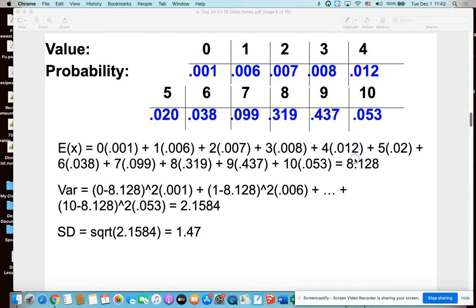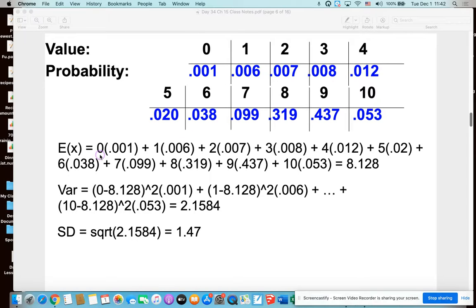So you can see it's a big long list of numbers, right? Because the formulas have the sum of all these together, and each one of these has a different probability going on with a different value that's associated with it. I can't just add these up and divide by 11, because there's 11 numbers, right? I can't just add them up and divide by 11, it doesn't make any sense, because each one doesn't have the same probability of happening.